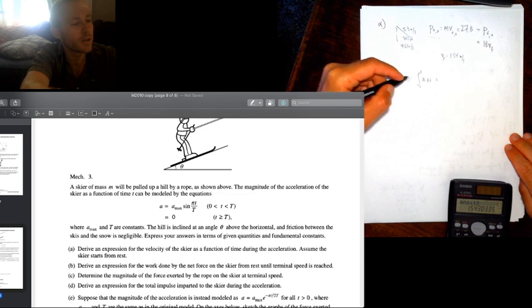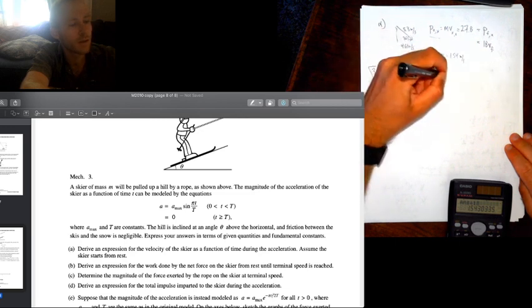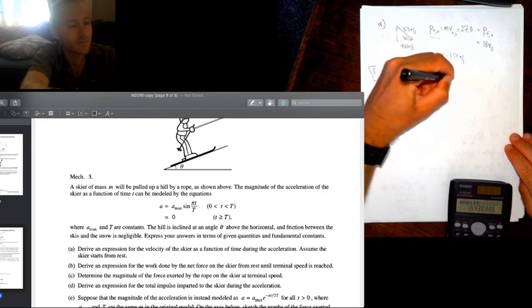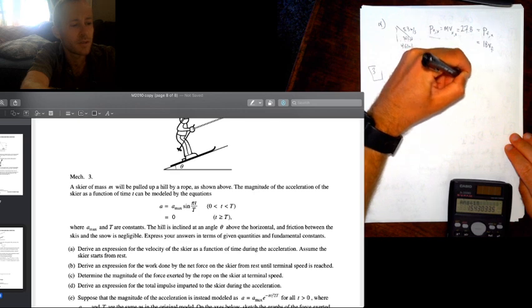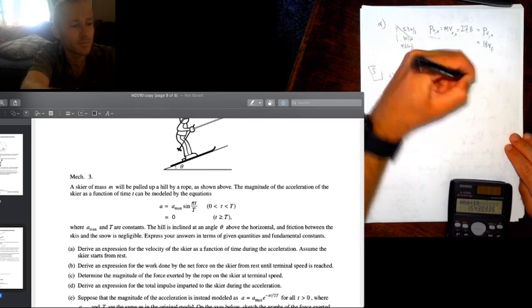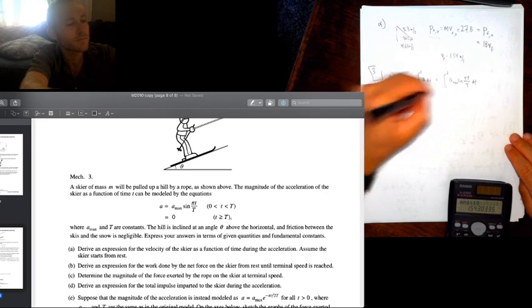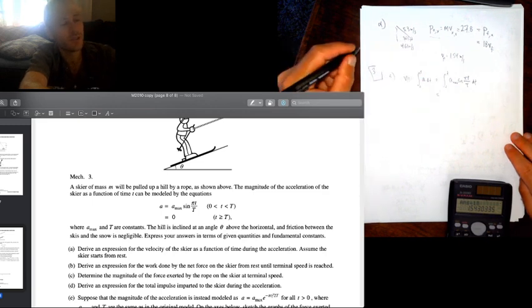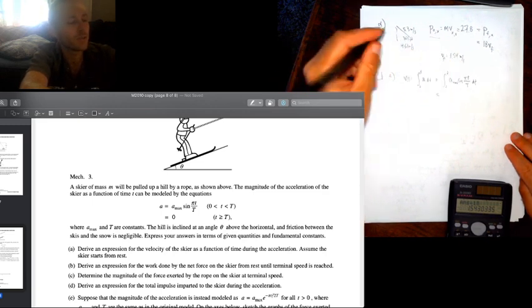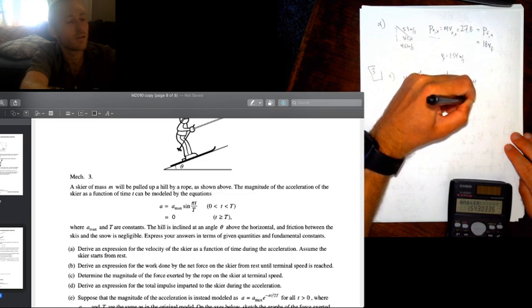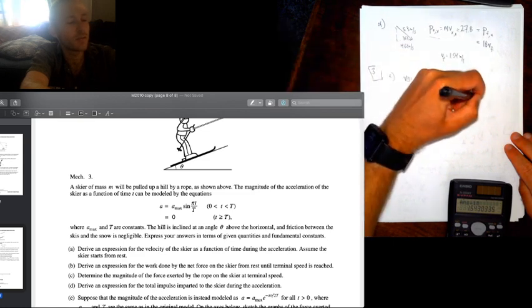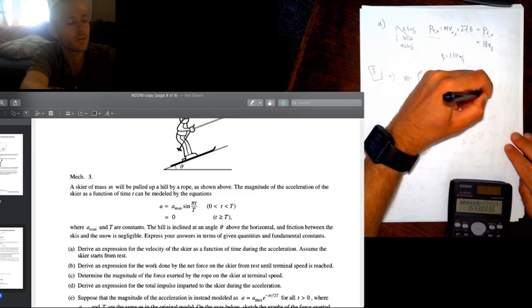So we're integrating a max sine of pi little t over big T dt. And so doing that integral is going to give us negative big T over pi, a max, cosine of pi, little t over big T.